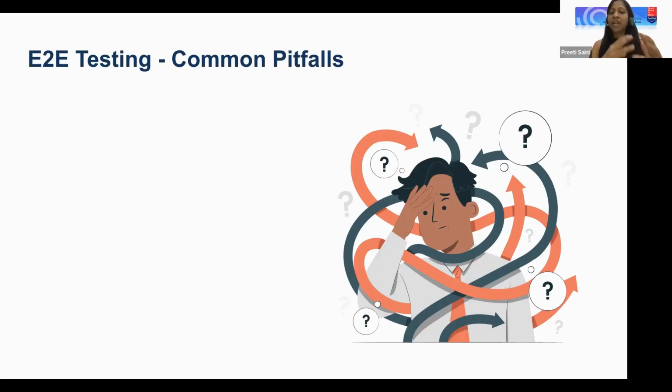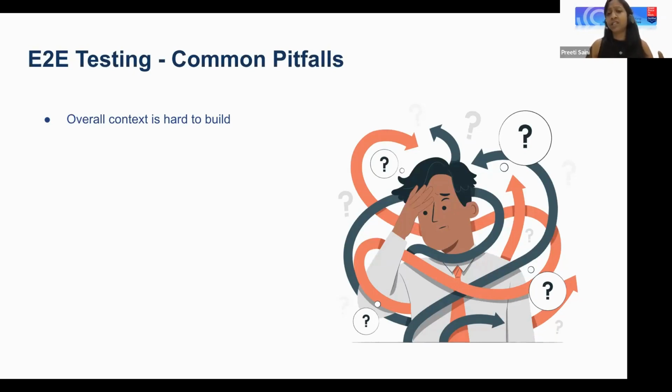And as we move up the pyramid, there are challenges associated with these end-to-end tests. So let's look at the common challenges that teams face. One is, since these tests sit on the top of the pyramid, you look at how consumers are going to consume your microservices, which could be 10 plus services.